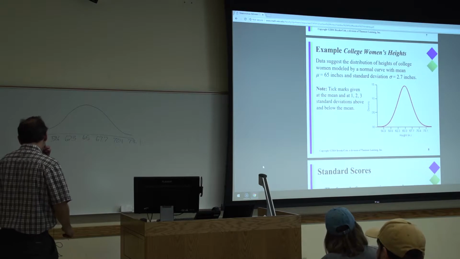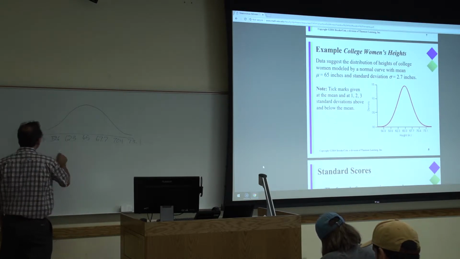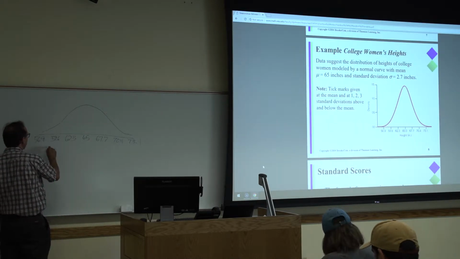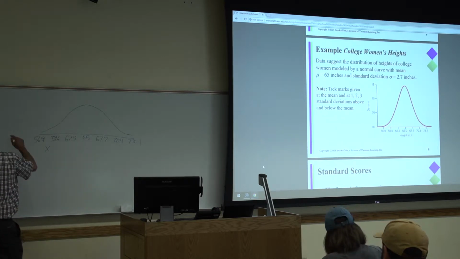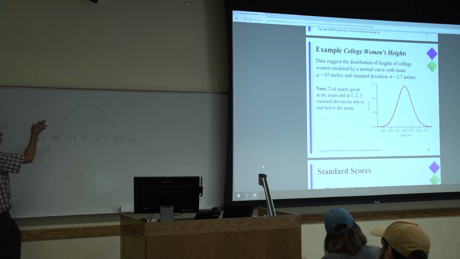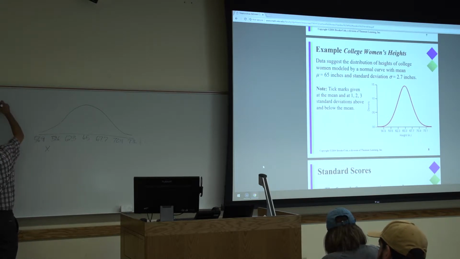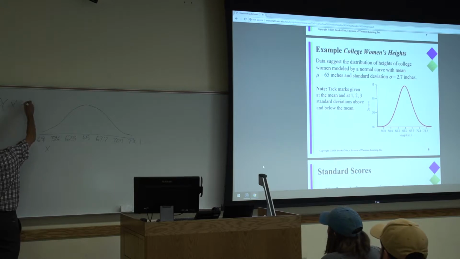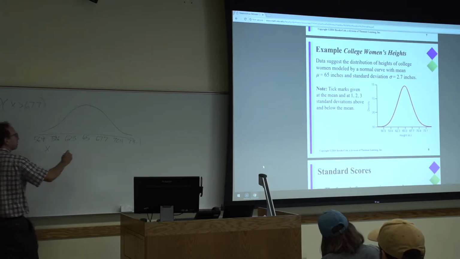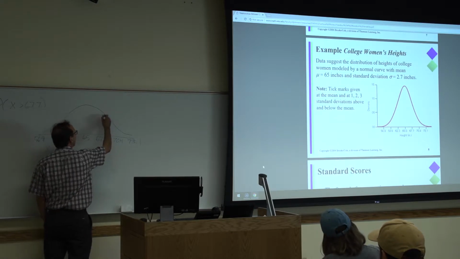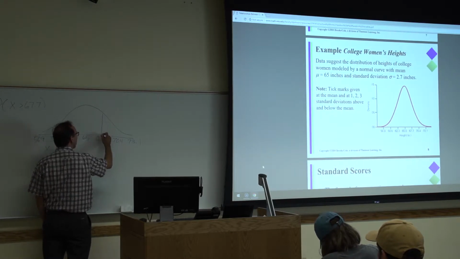Okay, I'm going to label this height variable by the letter x. Again, I randomly select a female from this population. What's the probability that her height is going to be greater than 67.7 inches? We need to figure out this area under the curve.